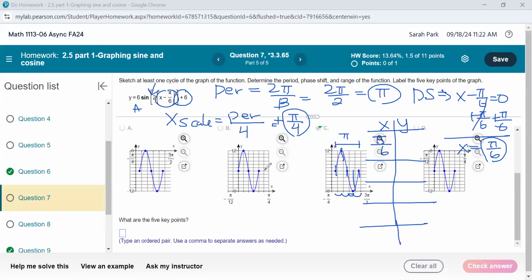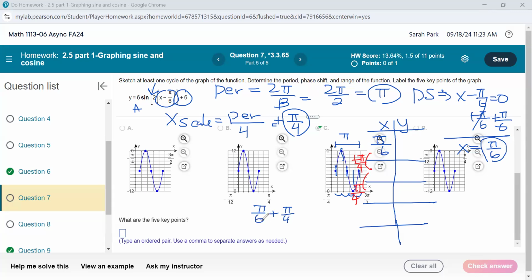But when you add pi over 4, I'm trying to think of common denominators. I need the common denominator. Okay, so let's do pi over 6 plus pi over 4.